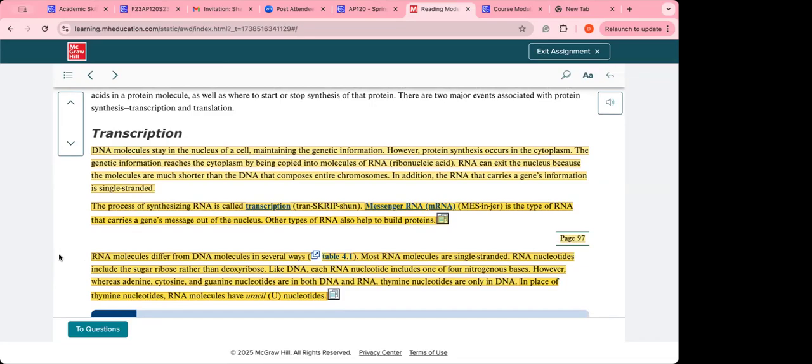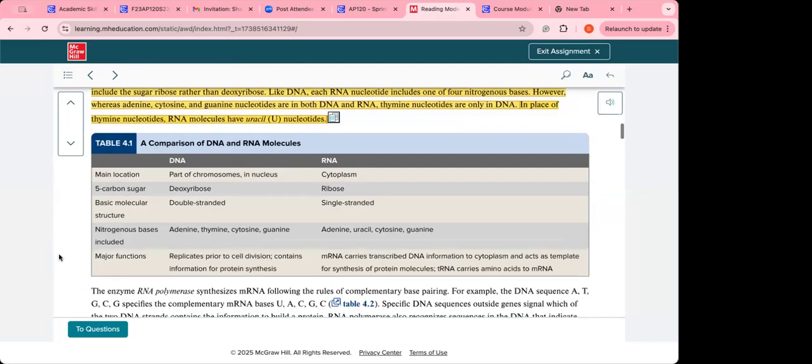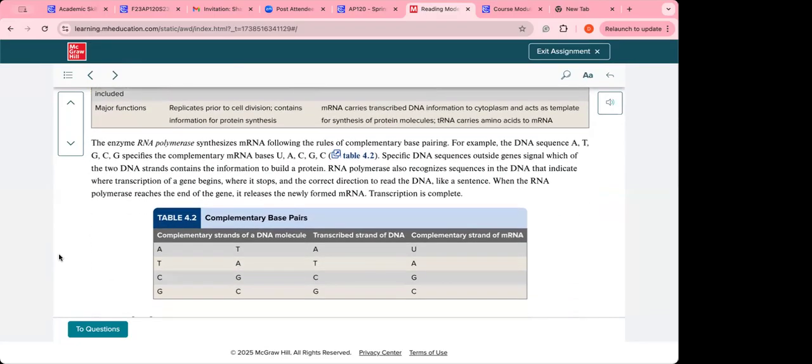Keep going. And then here's the comparison of DNA to RNA. Okay, keep going. Then this is the complementary base pairs of RNA.